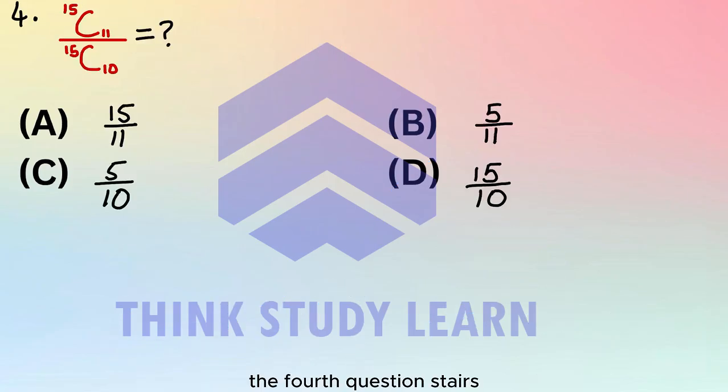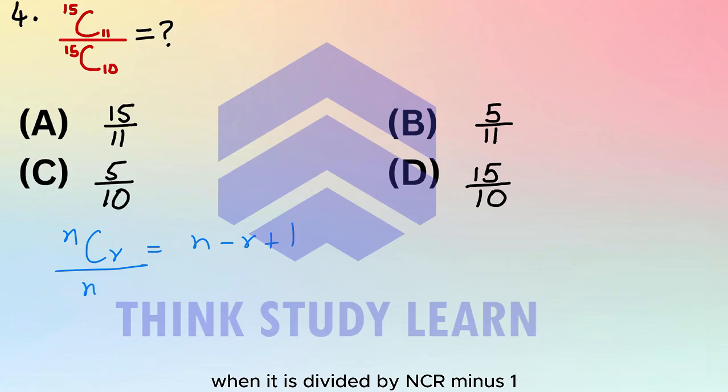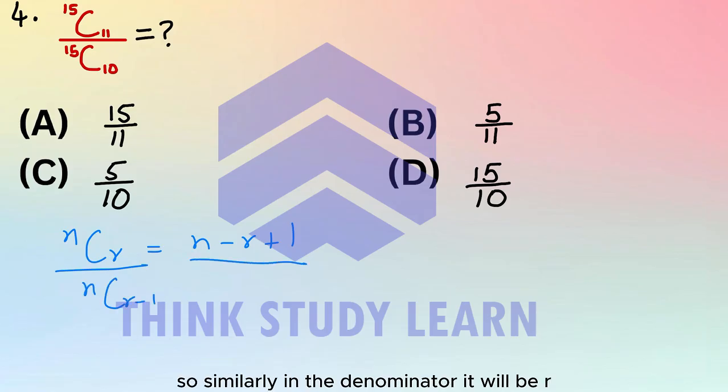The fourth question states find out the solution of 15C11 over 15C10. So we know that the formula of nCr over nC(r minus 1) is equal to n minus r plus 1 in the numerator, and similarly in the denominator it will be r.